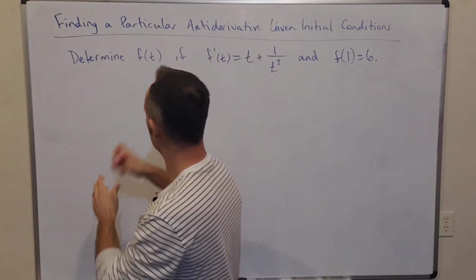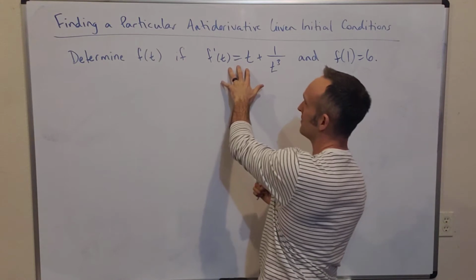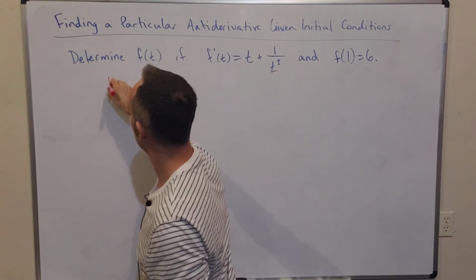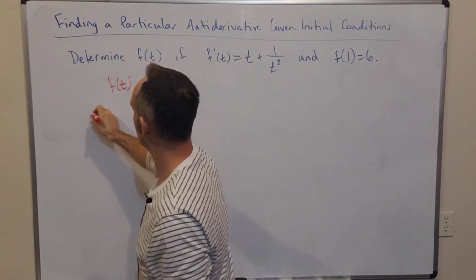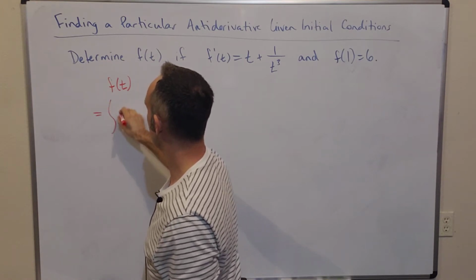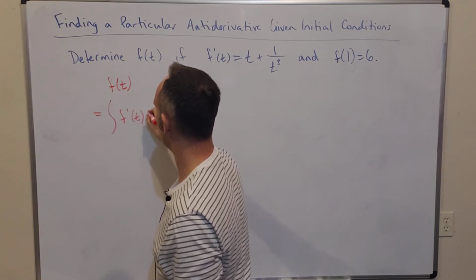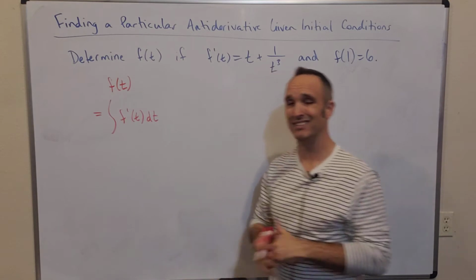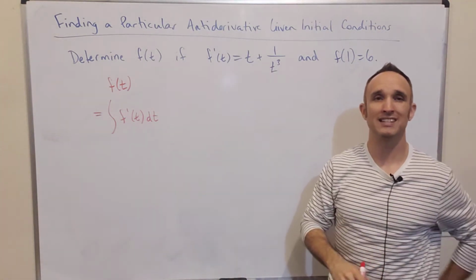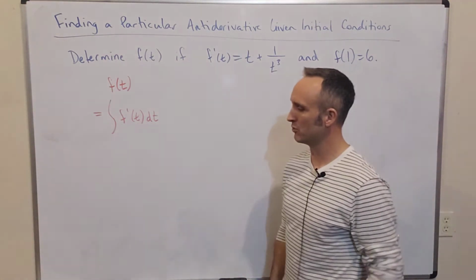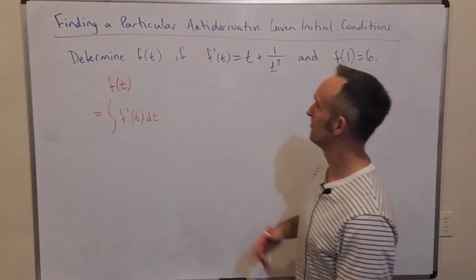The first thing I need to do is anti-differentiate f prime of t, and that's going to help me figure out f of t. So f of t is the antiderivative of f prime of t with respect to t in this case. Maybe we're so used to writing dx, but it can be with respect to t, and it is in this case.